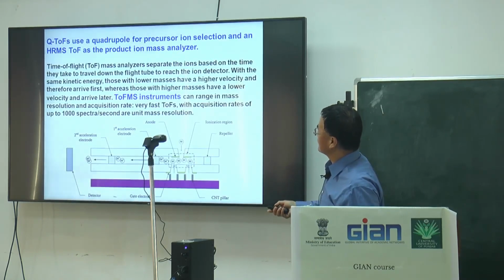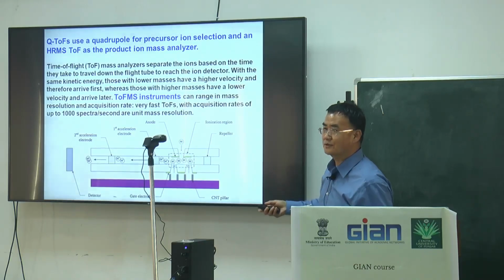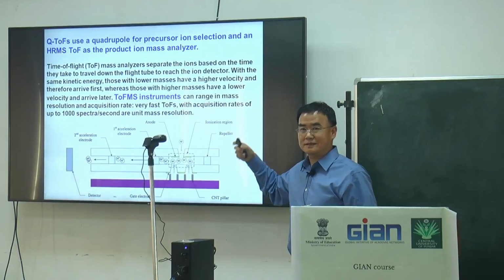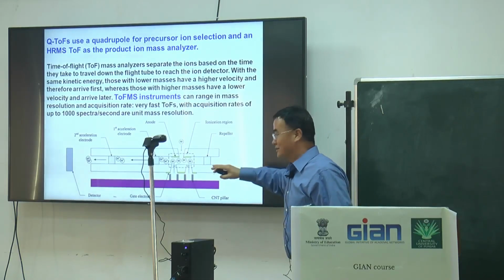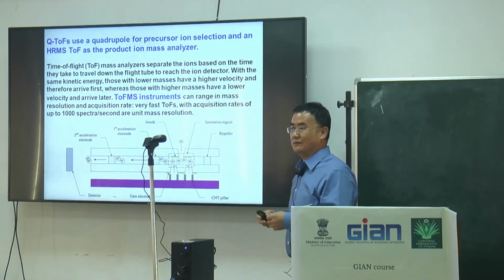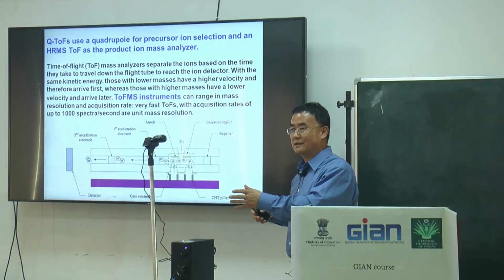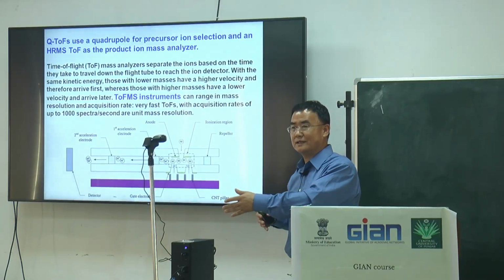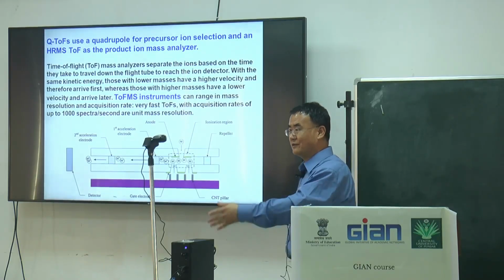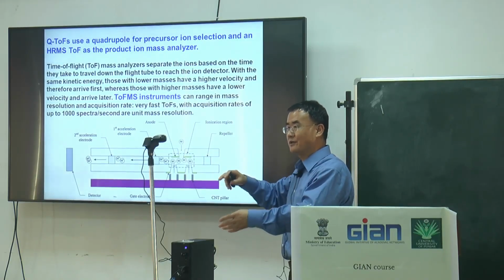The Q-TOF is different. Again, as I mentioned yesterday, most often for whole metabolite analysis we use the LC Q-TOF, plus the interface, ESI, electrospray ionization. This is the way of ionization that makes your sample charged.